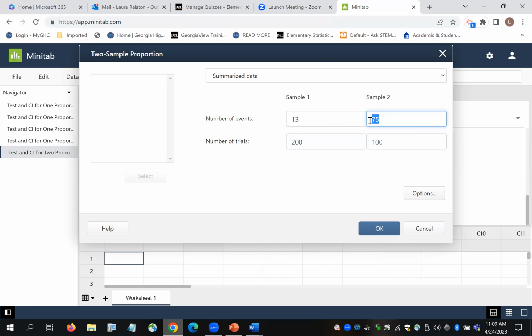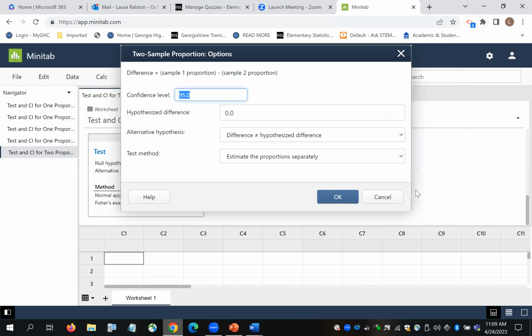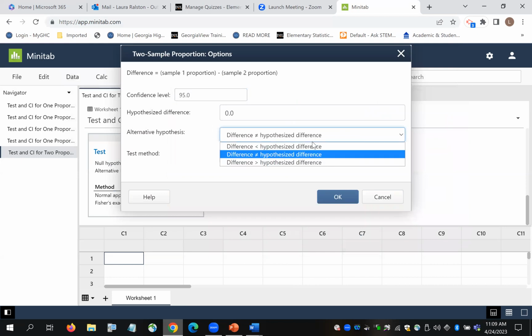Sample 2 is the public, and they had 38 out of 300. Options, we are doing 95%. We're trying to claim that it is less, because we're saying that private schools is less than public schools. We estimate them separately.